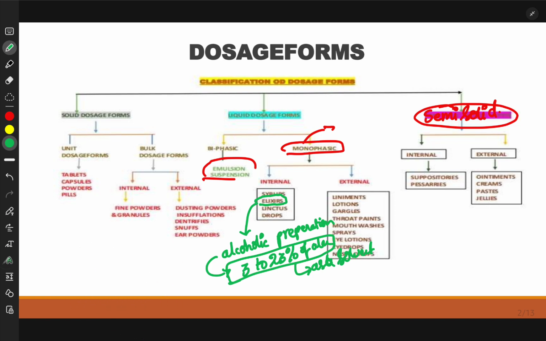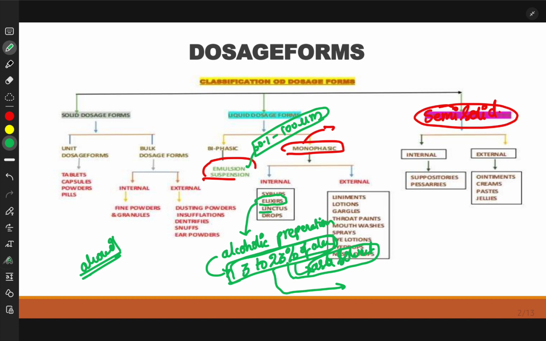So we prepare using alcohol as a solvent. Write these important points by heart, as there is a high chance of getting bits in the exam. 3 to 23%. Here the emulsion size is 0.1 to 100 micrometers. It is a direct bit.